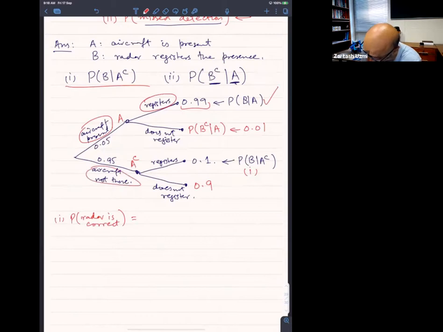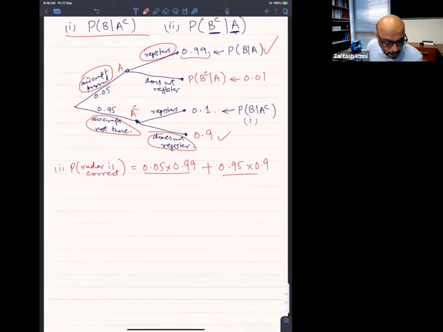Aircraft not there और register ना करे, radar is still correct. So radar is correct: 0.05 into 0.99 plus, why? Because these are again mutually exclusive, plus 0.95 into 0.9. And this is whatever the answer is.